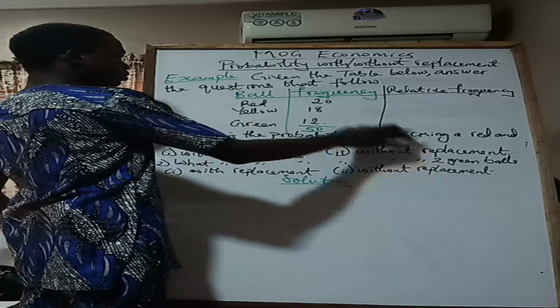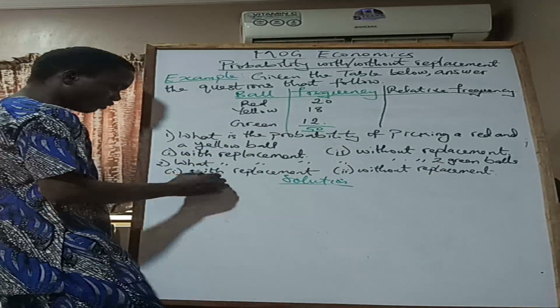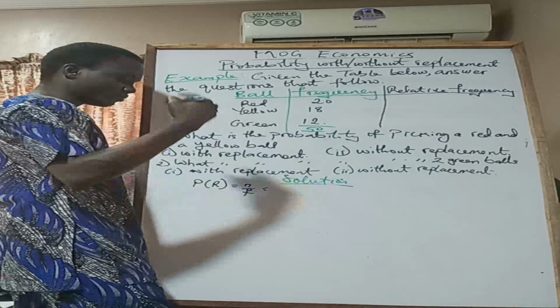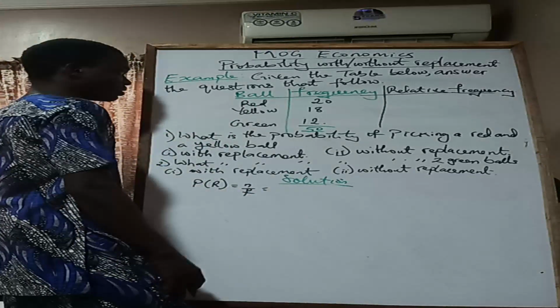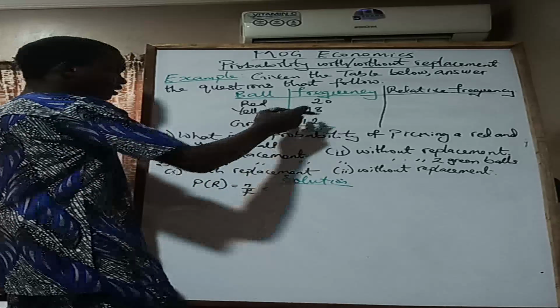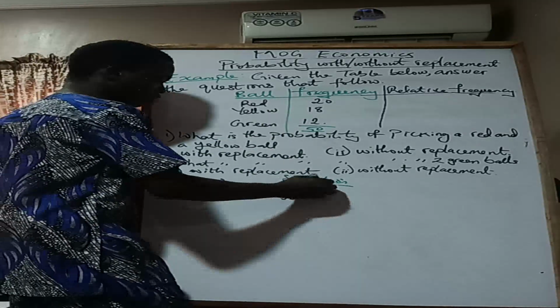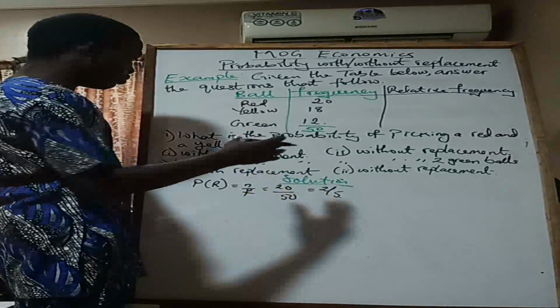You have 20 of it. Remember our formula: the probability of a red ball is the number of times you have a red ball divided by the total frequency, that is the sample space, the sum of all the items that you have. So we have 20 divided by 50, which is 2 over 5. This is the probability of picking a red ball.